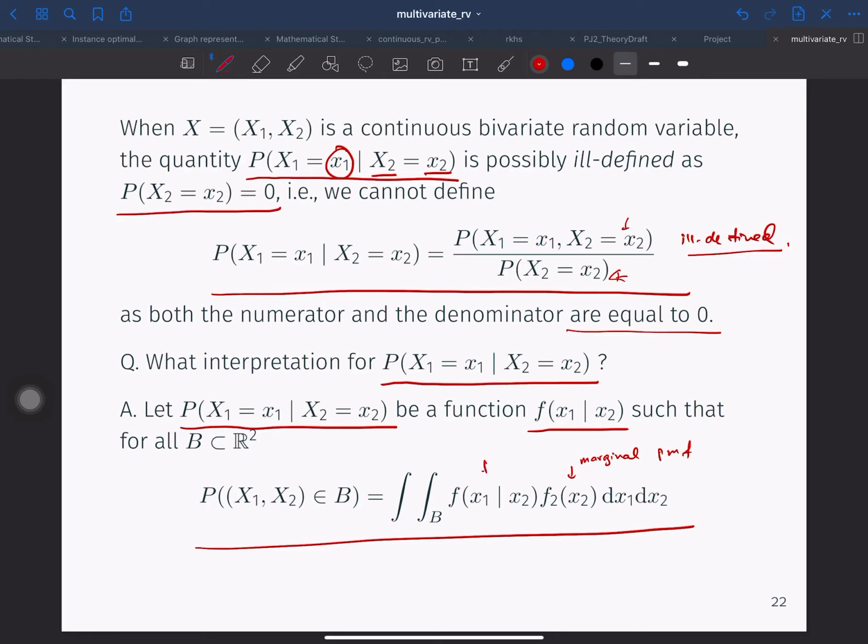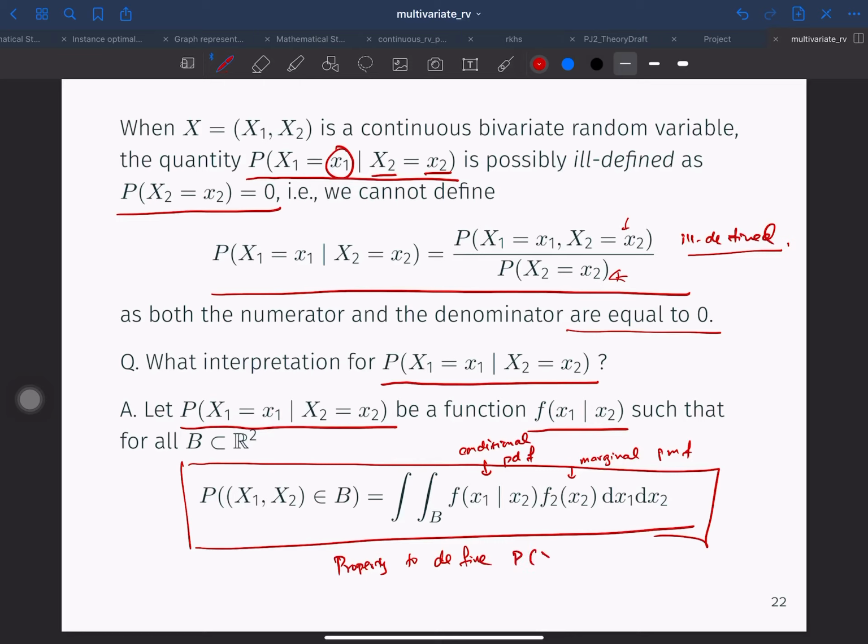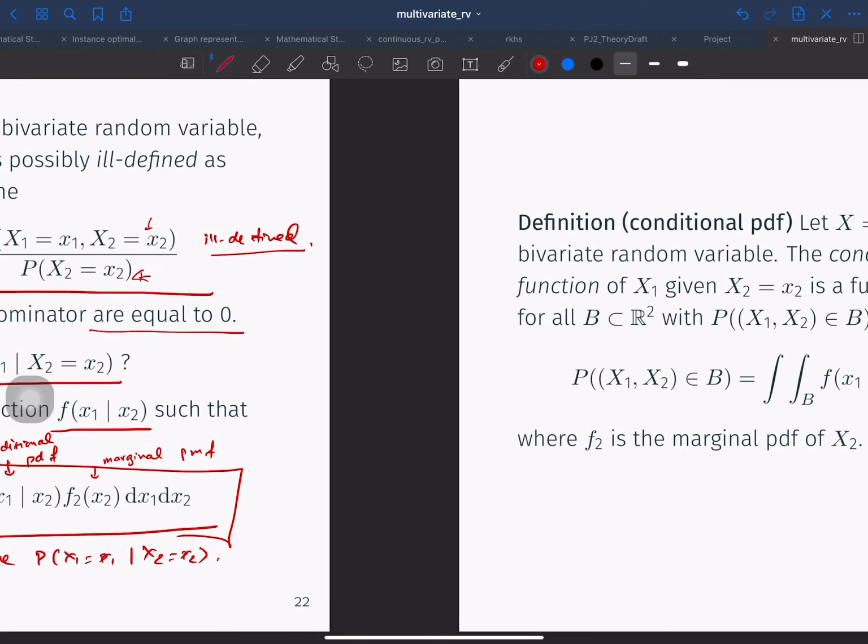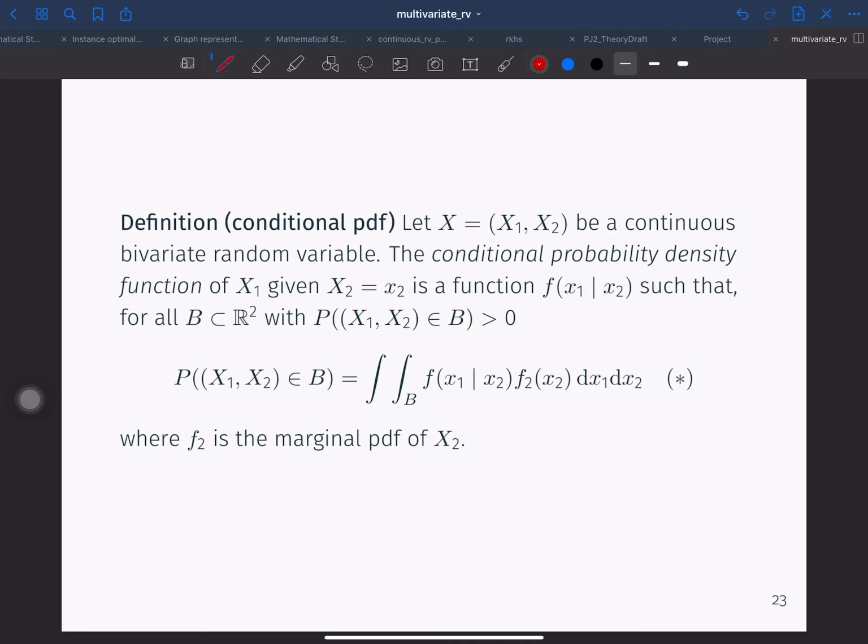And so now you can replace the conditional PMF with the conditional PDF, defined to be any function that satisfies this property. So we use this property to define it. That is what we meant by the definition here.